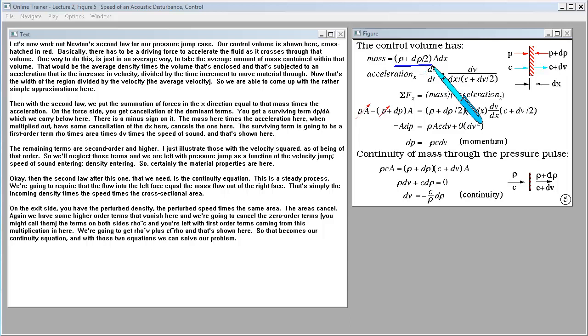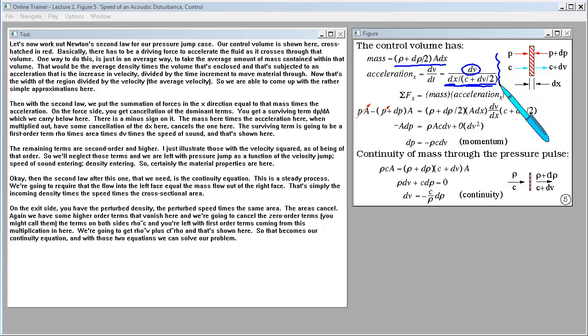That would be the average density times the volume that's enclosed, and that's subjected to an acceleration that is the increase in velocity divided by the time increment to move the material through. Now that's the width of the region divided by the average velocity. So we're able to come up with rather simple approximations here.